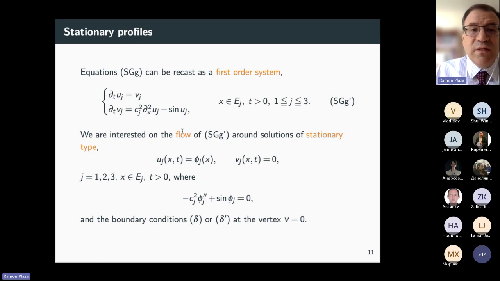And we're interested in the flow of this sine-Gordon model around solutions of a stationary type which have this form. u_j is going to be a profile in x, and v_j is going to be 0. So phi_j is actually the profile of these kink or anti-kink solutions, and it's a solution of the stationary sine-Gordon equation, satisfying, of course, the boundary conditions either of delta or delta prime type at the vertex.